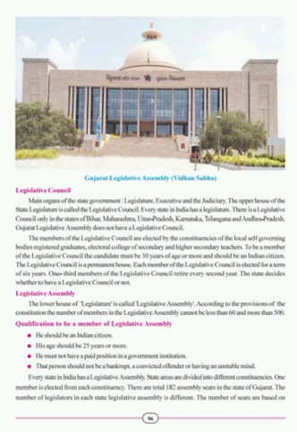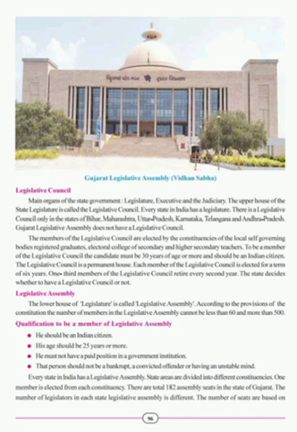He must not have a paid position in a government institution. That means he should not be a government employee. That person should not be a bankrupt, a convicted offender, or having an unstable mind. That means there should not be any criminal cases against that person, and he should be a mentally stable person.